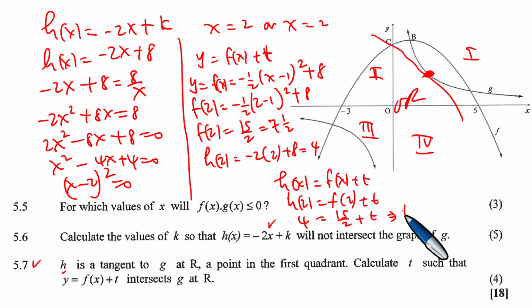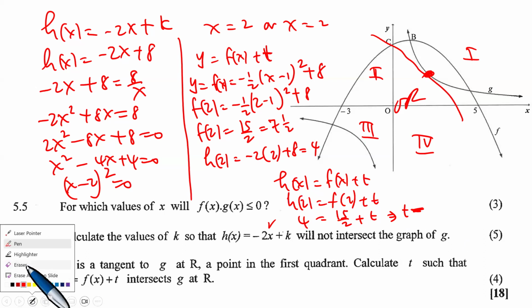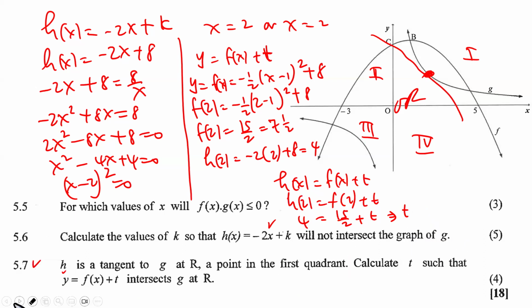So we have 4 minus 15 over 2, which is exactly minus 7 out of 2. So that's what we have.